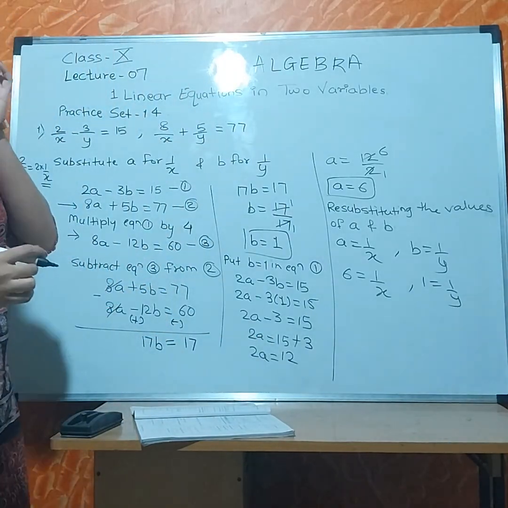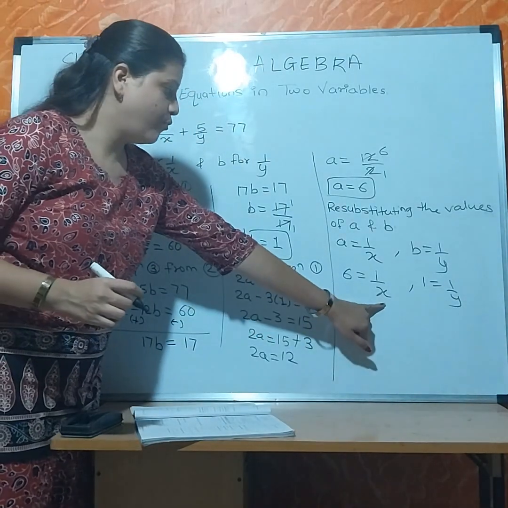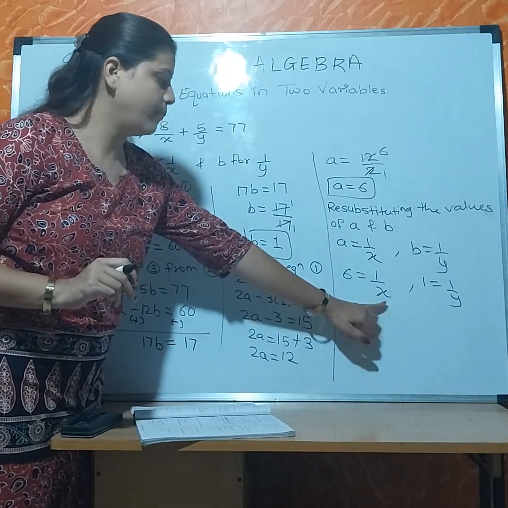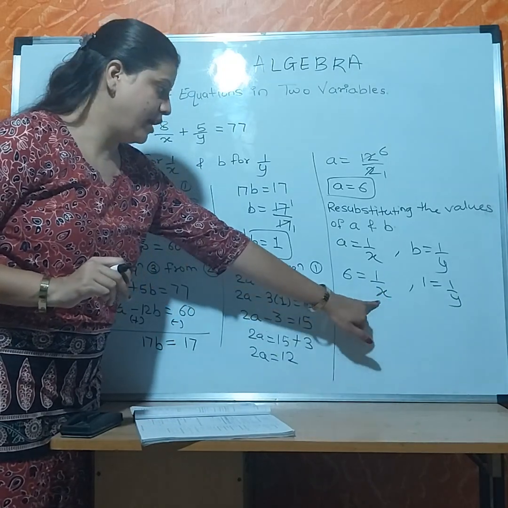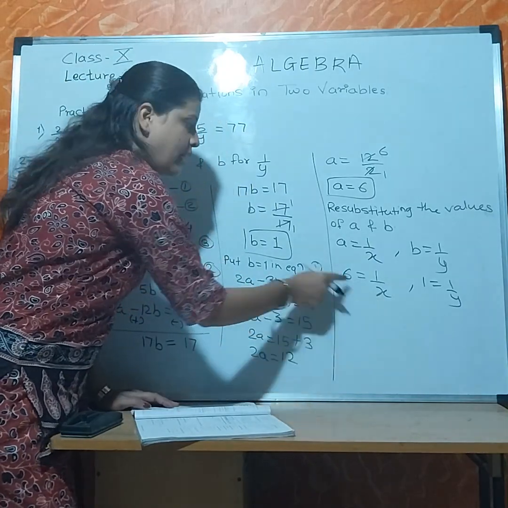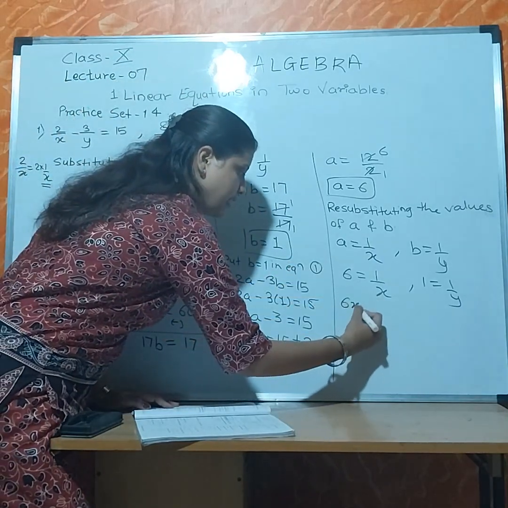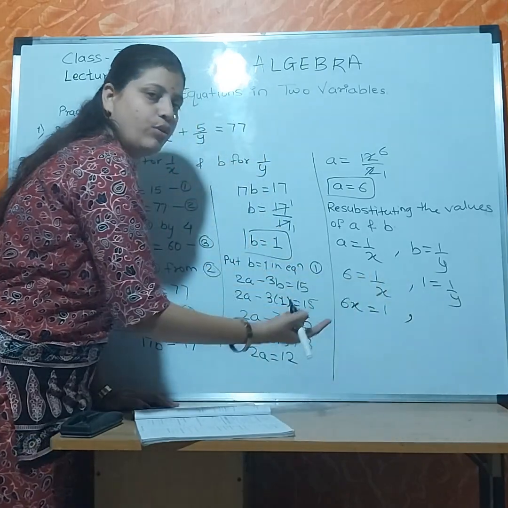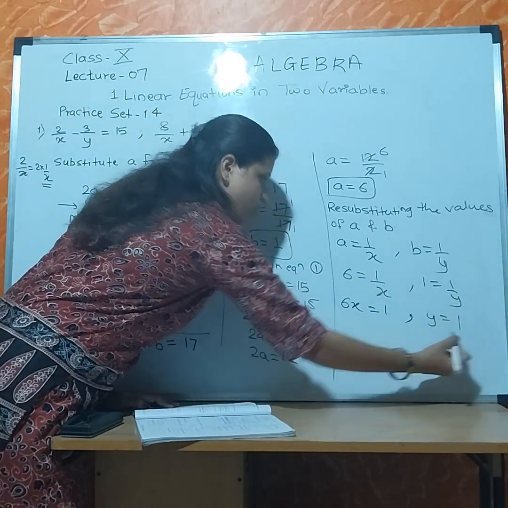Similarly, we want to find the value of x. So we don't want this x as a denominator. We want it in numerator form. To get it in numerator form, we have to shift it to the opposite side. So here it is in division, and here it will go as multiplication: 6x is equal to 1, and similarly 1 into y is equal to 1.